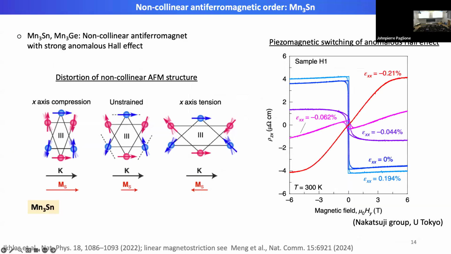And the next example I want to touch on is a non-collinear antiferromagnet, Mn3Sn, which together with its germanium cousin are two pretty well-studied systems in the past few years as antiferromagnets with a significant anomalous Hall effect.